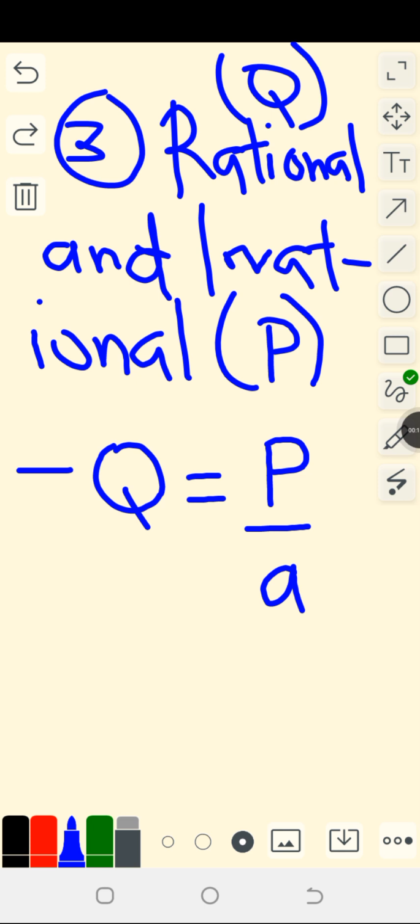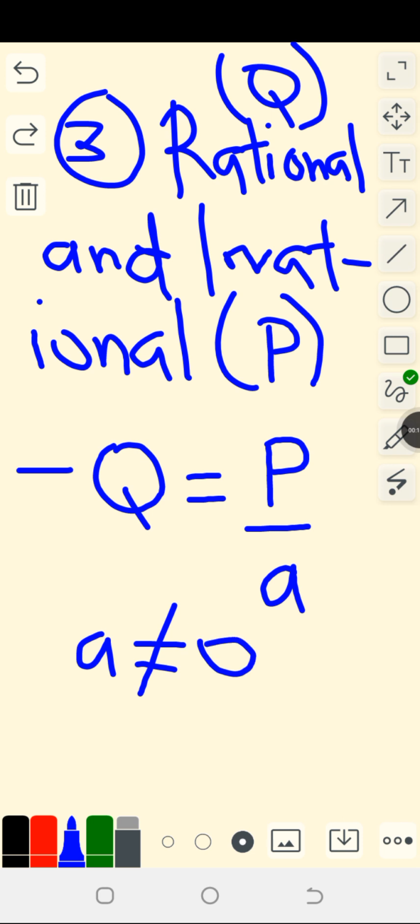The one at the top is called the numerator, while the one at the bottom part of the division sign is called the denominator. So P and Q, where Q, which is the denominator, must not be equal to 0.